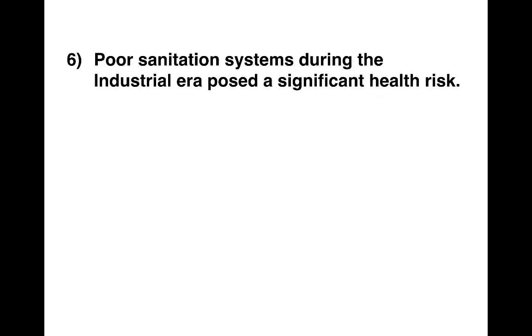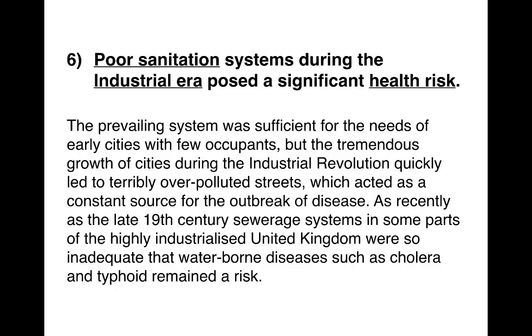Then on to number 6. Poor sanitation systems during the industrial era posed a significant health risk. Looking for the keywords poor sanitation, industrial era, and health risk. Here's the part of the passage, and we find the keywords during the Industrial Revolution, that's in the industrial era, and outbreak of disease could be a health risk, of course, but also we have sewerage systems, that's the sanitation systems, and this is the key word really, inadequate.